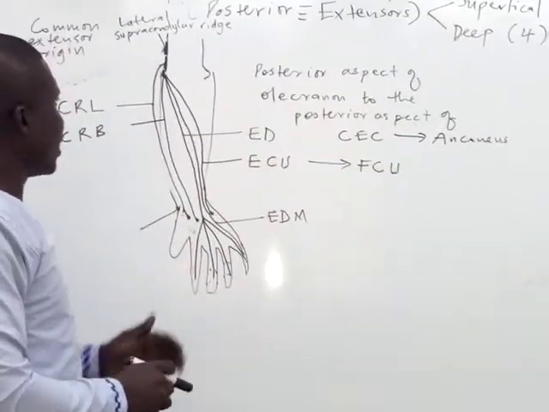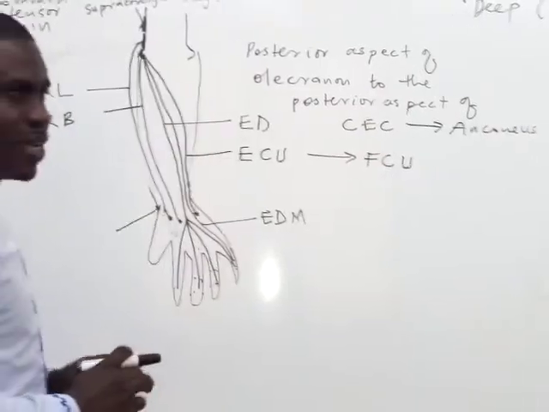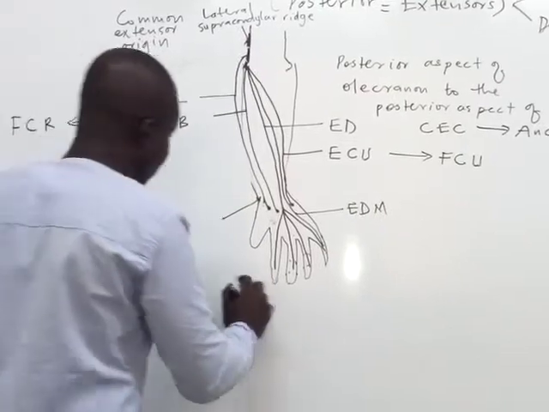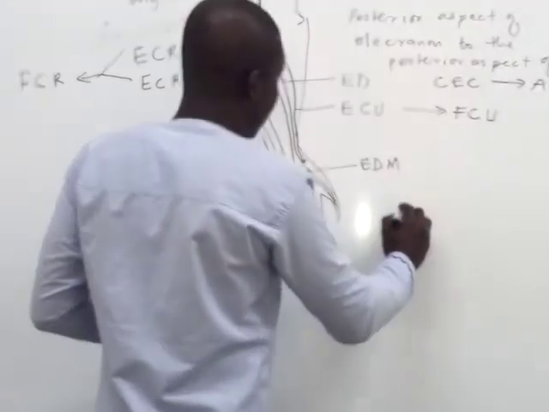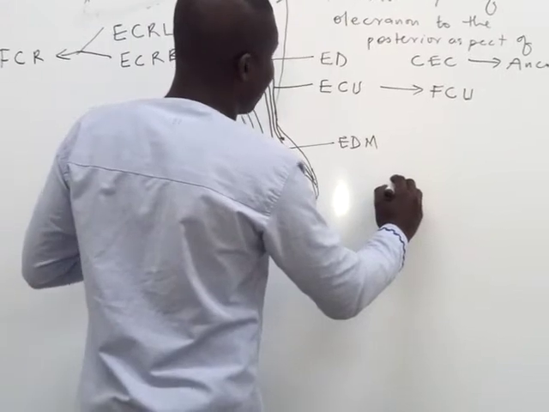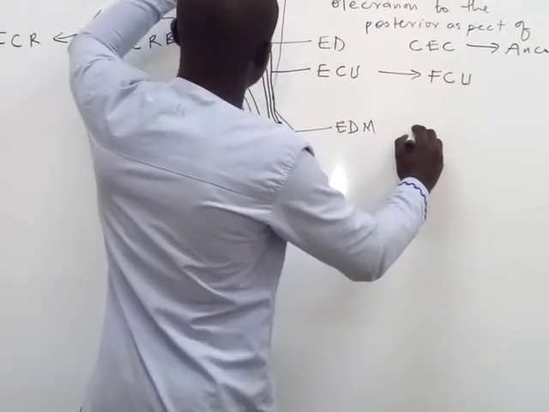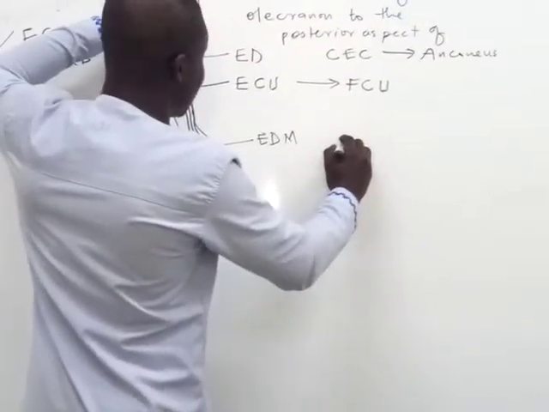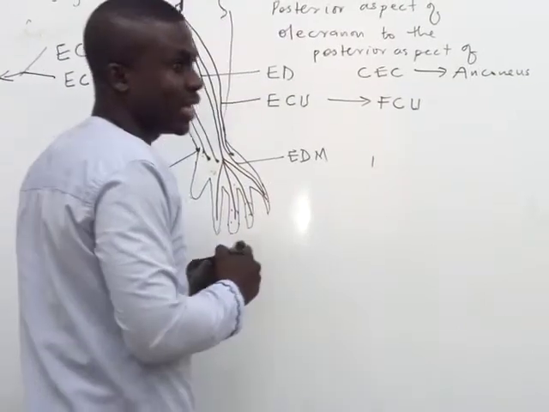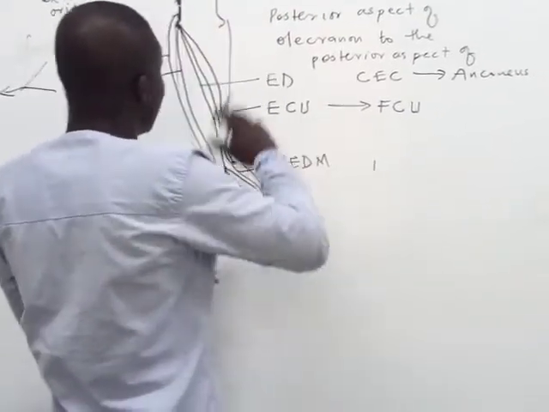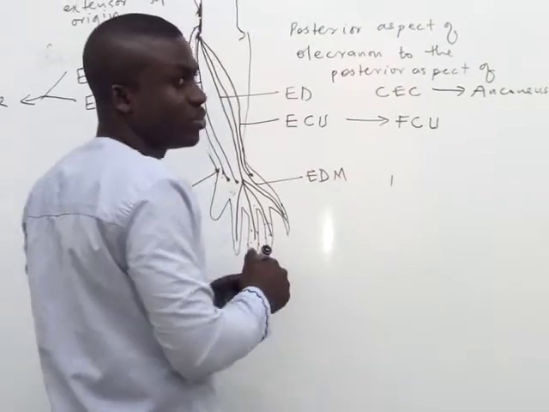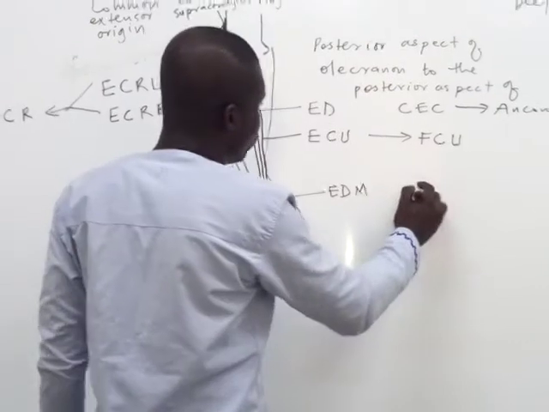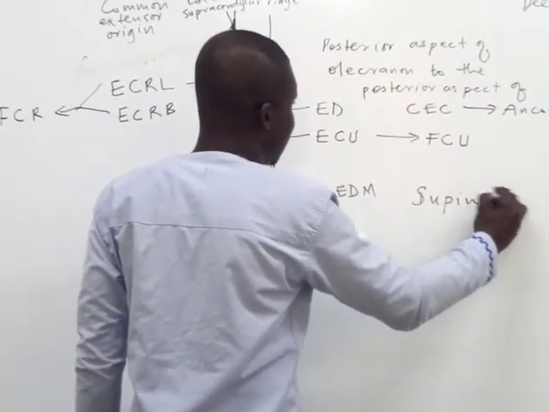Anconeus muscle. Now, even deeper to these muscles, there is another muscle which I can show you now, and that one is known as that muscle takes origin from the common extensor origin, and it also takes origin from the posterior aspect of the ulna and inserts to the proximal one-third anterior, lateral and posterior aspect of the radius, and that muscle is known as supinator muscle.